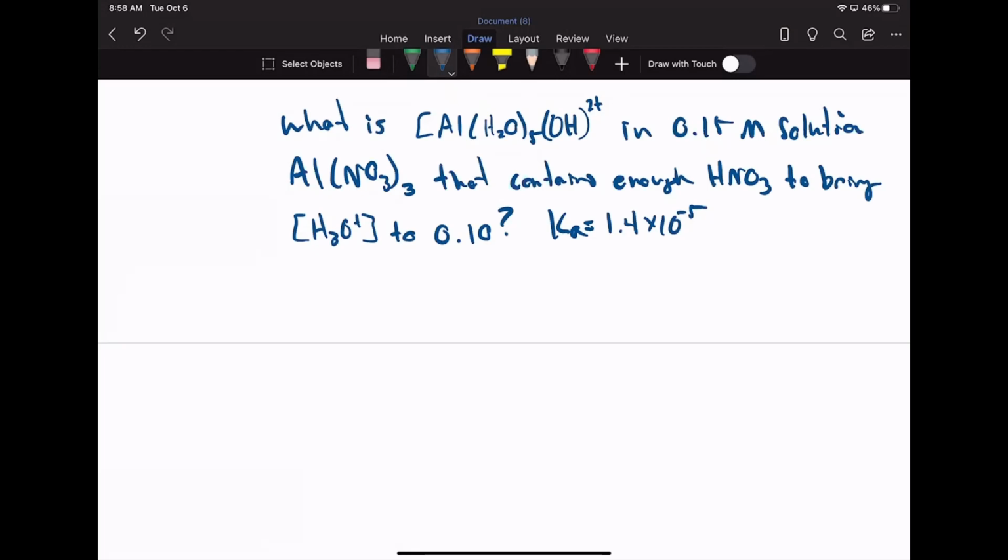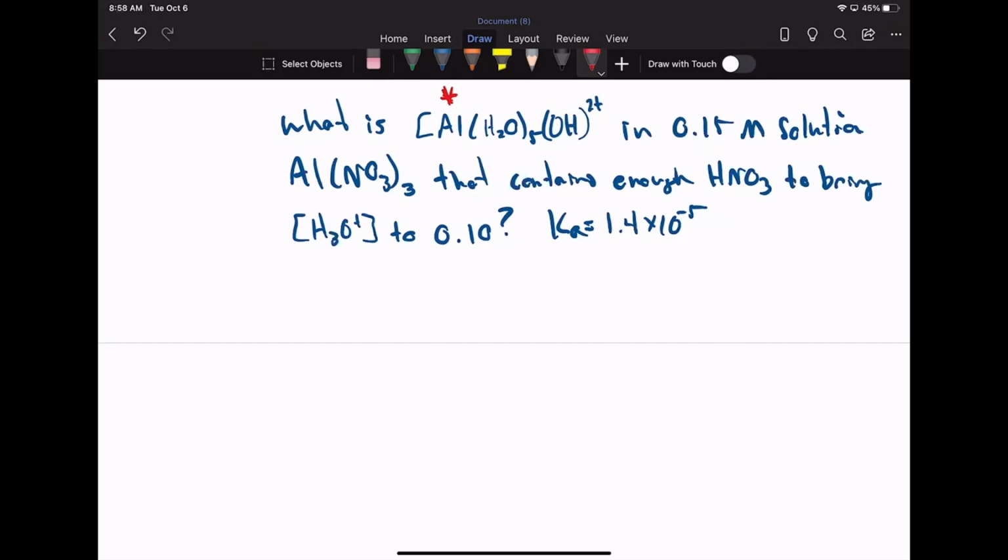So we need to figure out this concentration here. What concentration in a 0.15 molar solution of aluminum nitrate that contains enough strong acid, nitric acid, to bring the concentration of hydronium to 0.10?